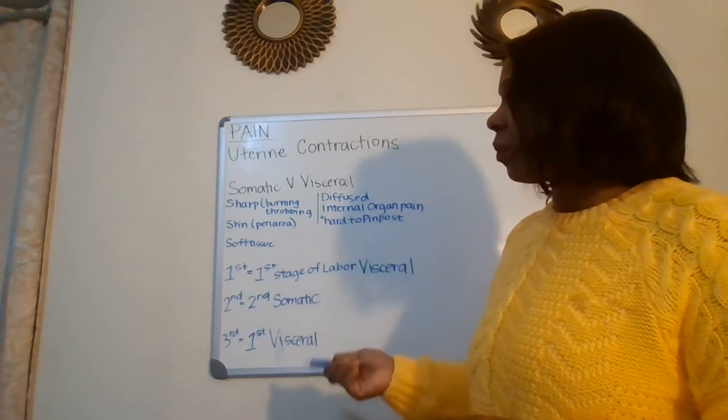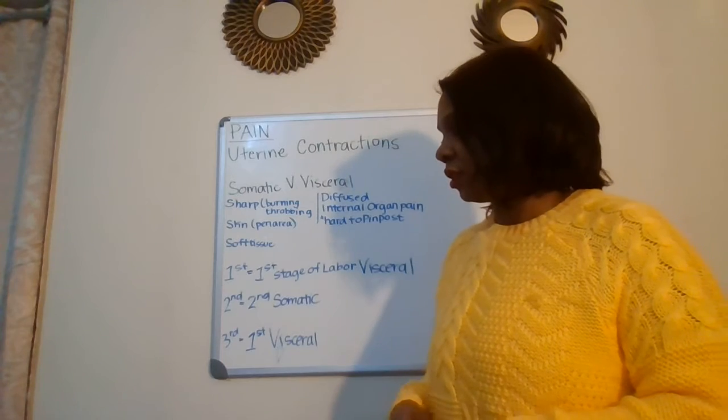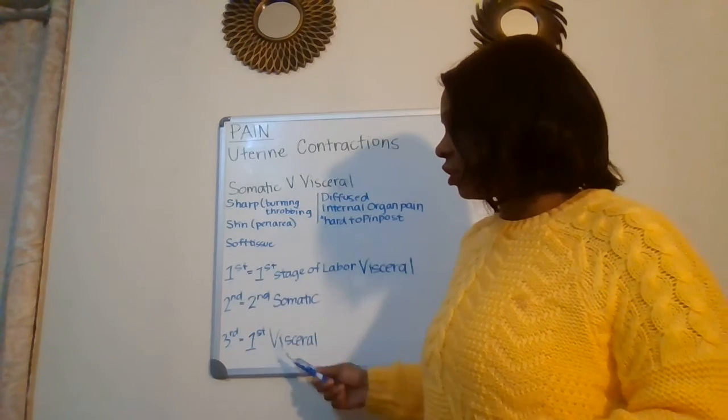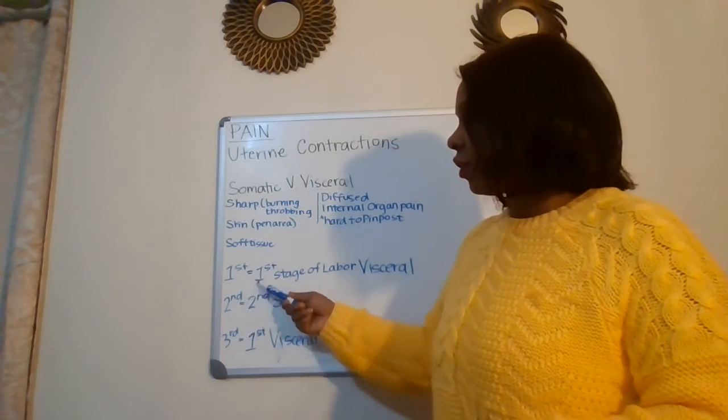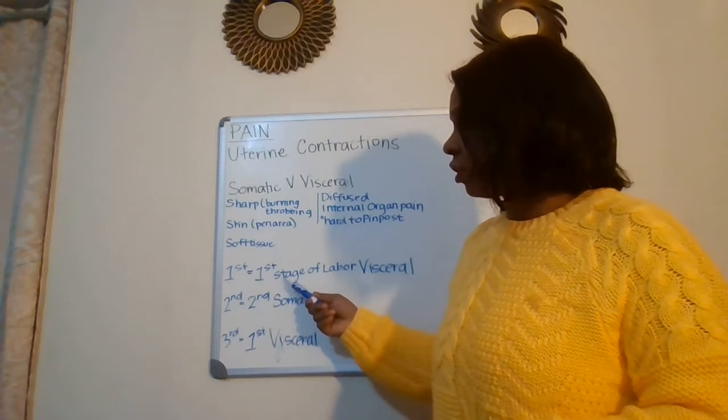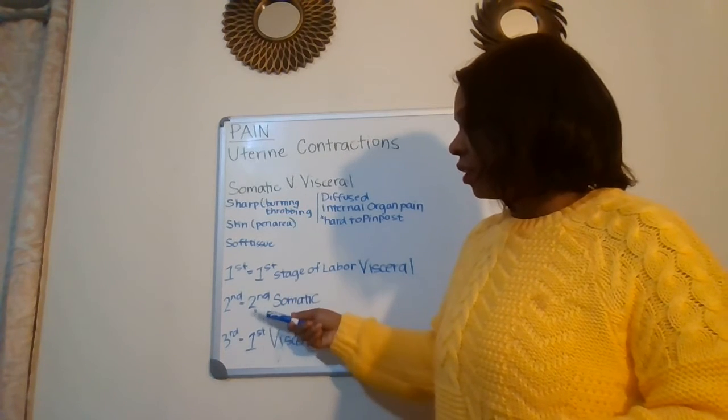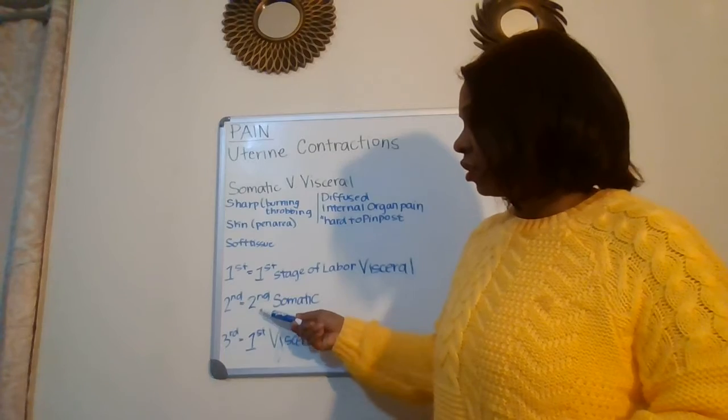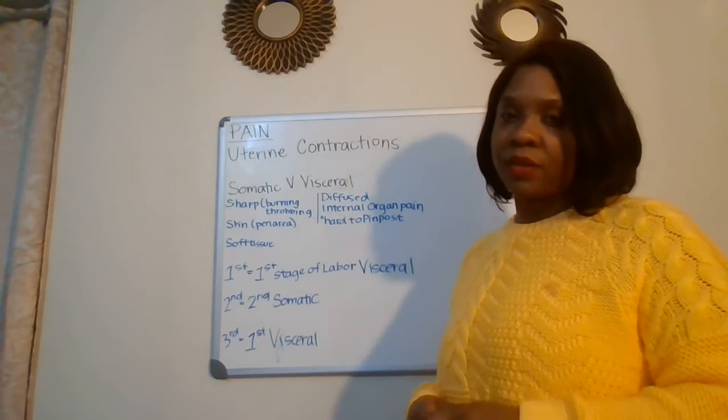So the thing to remember with pain for the stages is that the first and the third stage are very similar, visceral. The first is during the first stage of labor, and the second pain type is with the second stage of labor, and it's somatic.